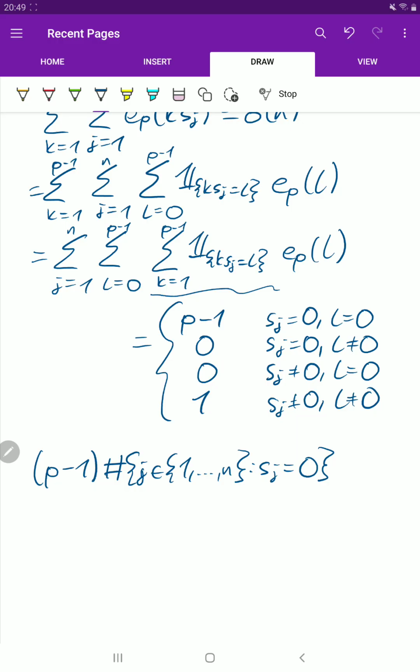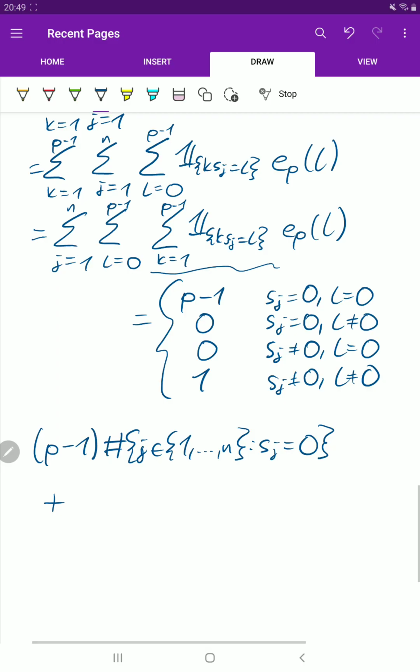So this is our first part. And now we got rid of the L equal to 0 part, and correspondingly of the j's where Sj is equal to 0.